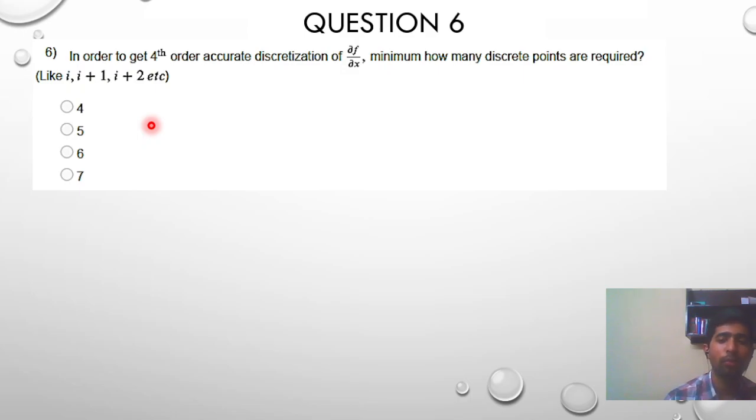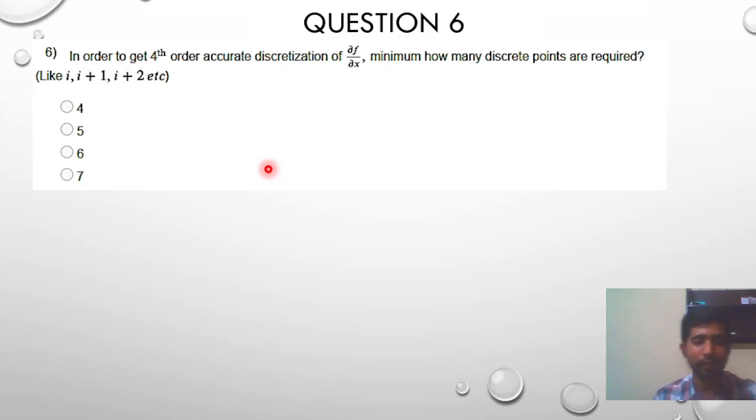So first you should see which scheme to use: central difference, forward difference or backward difference. Which scheme will you be using to find ∂f/∂x? Can you write in the chat box? I don't want the answer for the previous question, I am asking a different question. Forward. Okay.